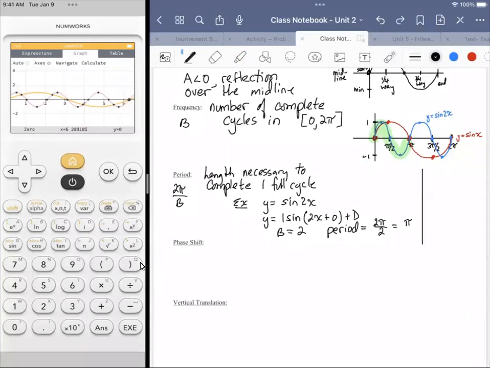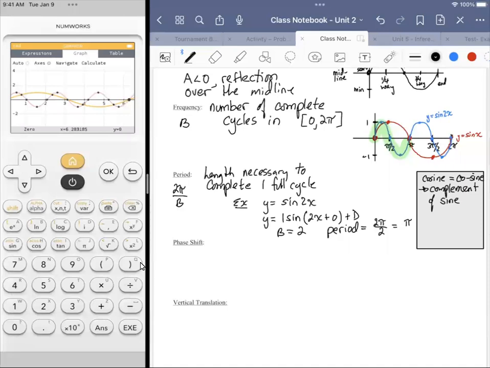Let me just make a box. Cosine equals cosine, meaning it's the complement of sine.